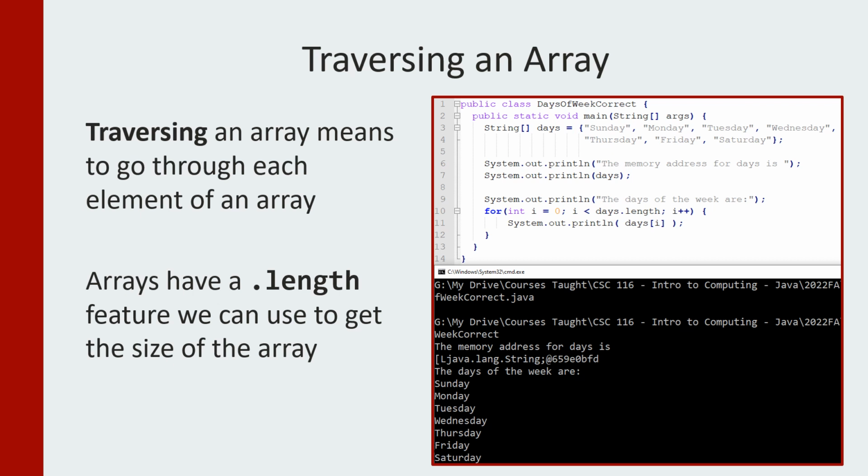Okay, with all of that in place, let's talk about traversing an array. Now, arrays have a .length feature. When I declare string days and I just set it equal to the days of the week, it already knows that this is going to be of length 7. So days.length is going to be 7.